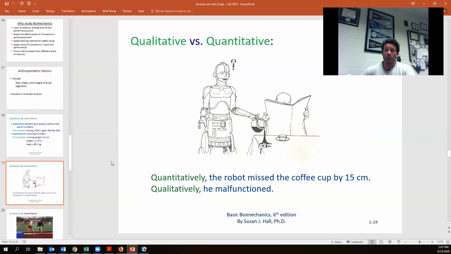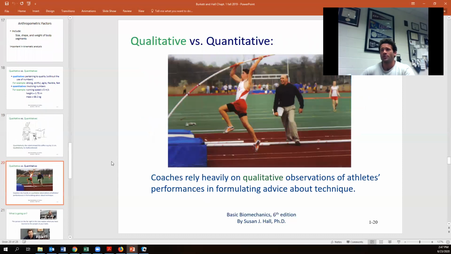In fact, here's a great example of the difference between a quantitative performance and a qualitative performance. It's not a great joke. Whereas when we look at athletes, typically we're going to be giving them qualitative assessments and giving them qualitative feedback. If your coach told you that you need to go ahead and produce 80 more newtons of force with your left leg in order to be successful at that event, you're going to probably give them a funny look.